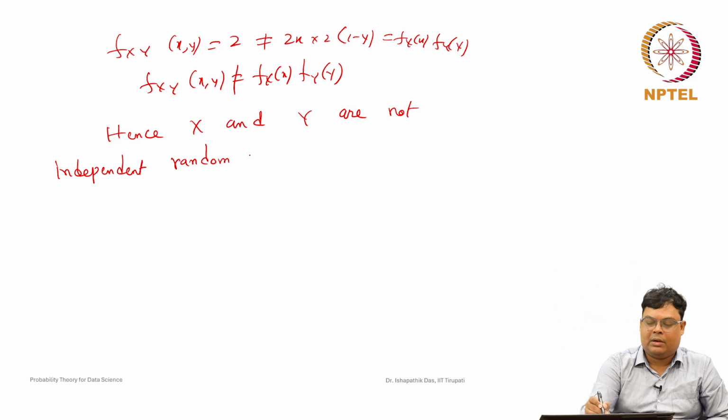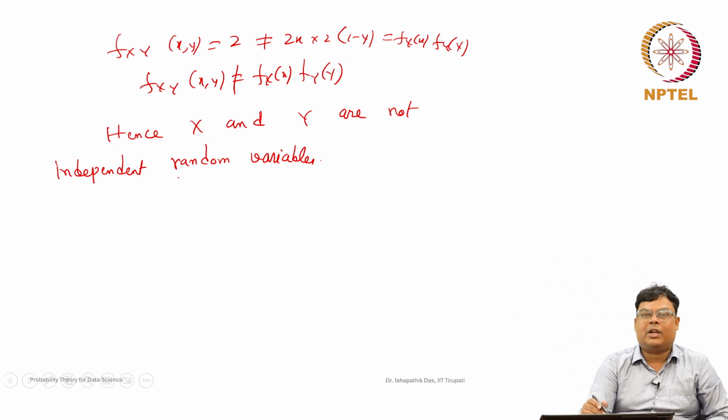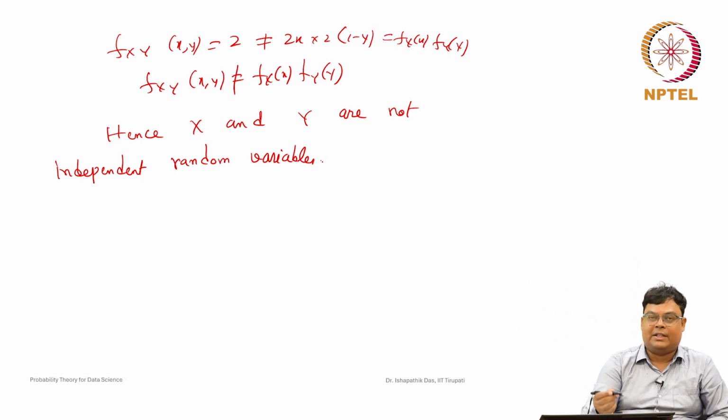That is why for the conditional probability density function, we cannot just say that this will be equal to the marginals. So, we have to find the conditional probability density function.